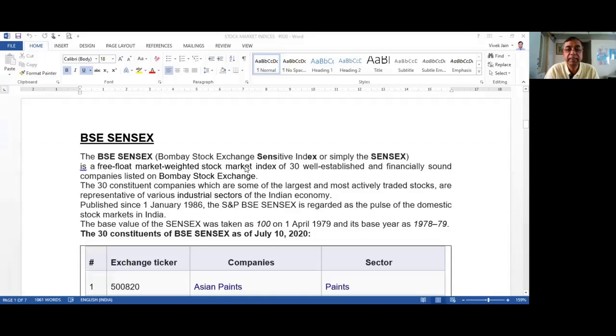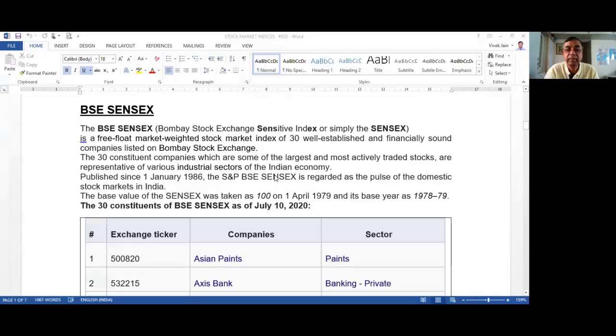We now come to the BSE Sensex, which is known as the Bombay Stock Exchange Sensitive Index, or simply it is popularly known as the Sensex. It's a free float market weighted stock market index of also 30 well-established and financially sound companies which are listed on the Bombay Stock Exchange.